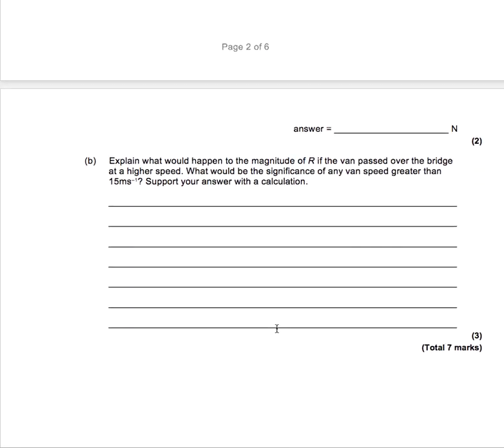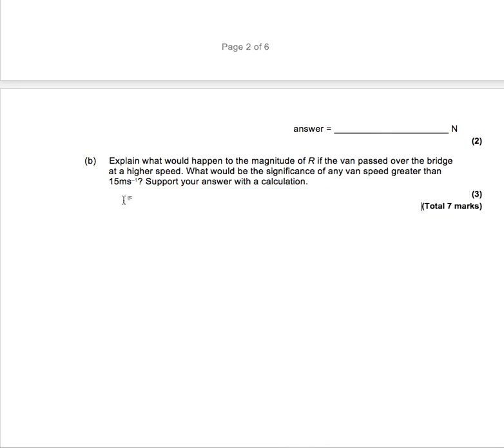So, explain what would happen to the magnitude of R if the van passed over the bridge at a higher speed. What would be the significance of any van speed greater than 15 meters per second? So, you know that in order for the van to go over the bridge and stay on the bridge, the centripetal force needs to increase, which means that the reaction must decrease, because that's the only way of making the force towards the center of the circle bigger.